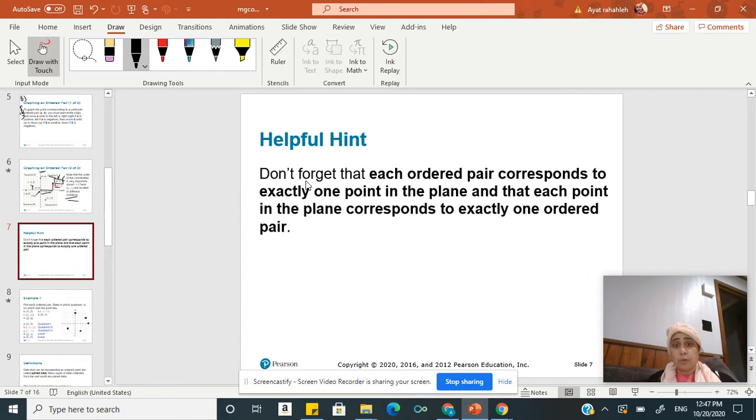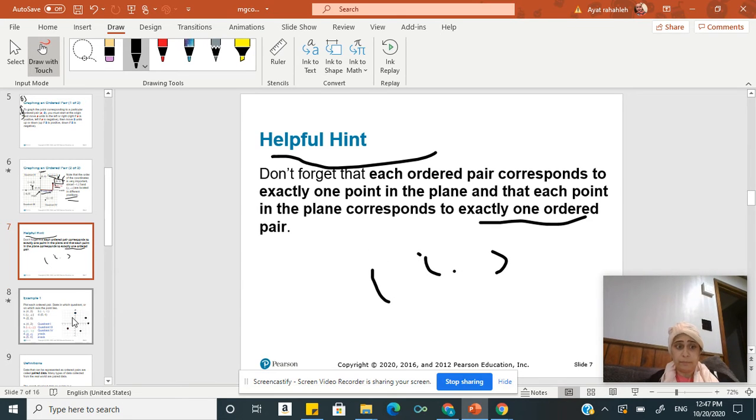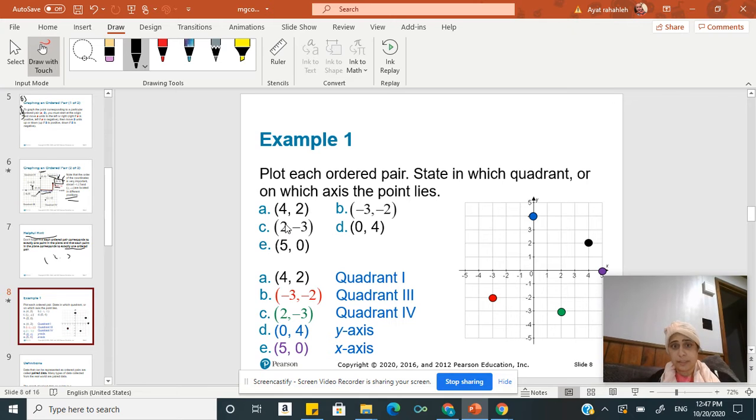So don't forget, this is a really great hint: each ordered pair corresponds to exactly one point in the plane, and each point in the plane corresponds to exactly one ordered pair. So the pair and that point are the same. Here are some similar examples.